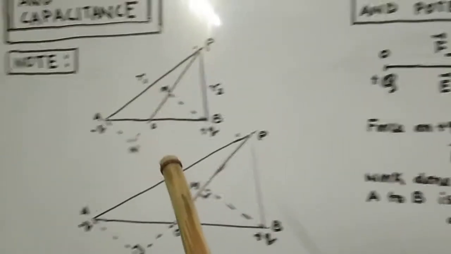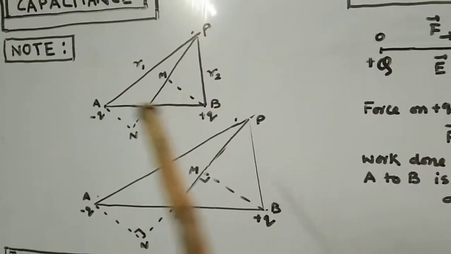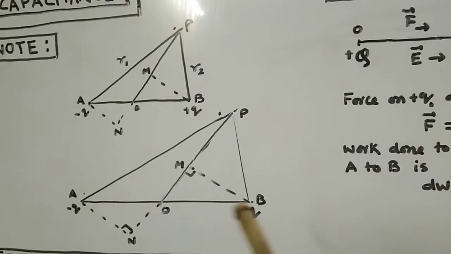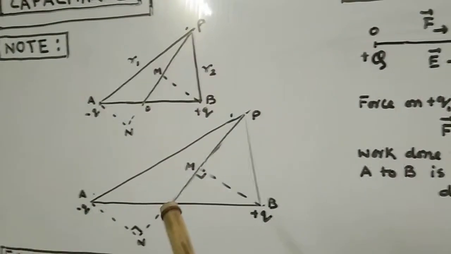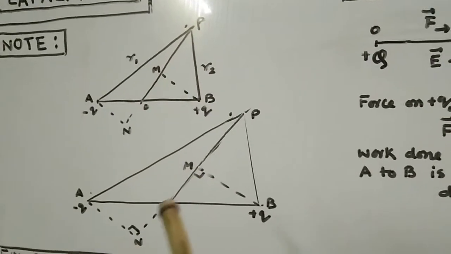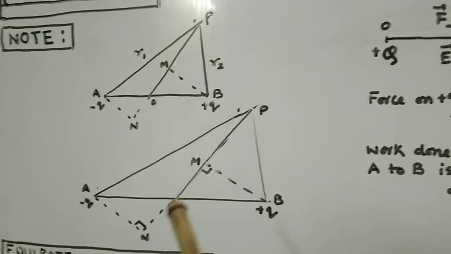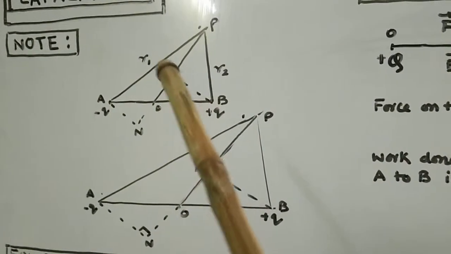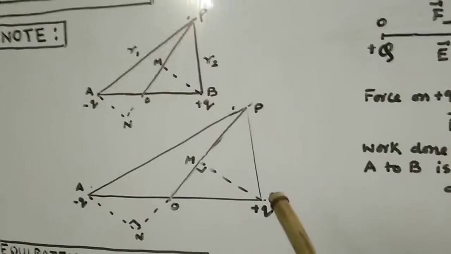Now you see these two figures. This is the smaller figure, this is the larger figure. Here the dipole length is very small, here the dipole length is very large. If the dipole length is very small, what will happen basically? This OM and ON part here is smaller compared to this figure. Here OM is larger, here OM is smaller, because the length AB is smaller compared to length AB in this figure.